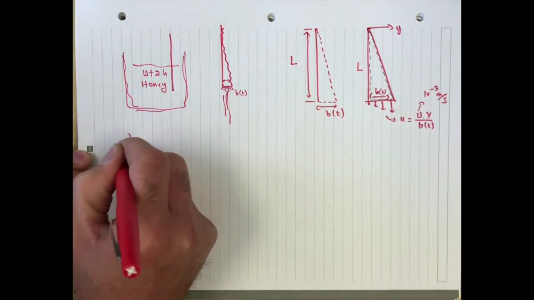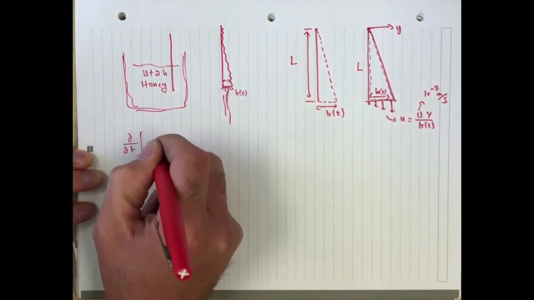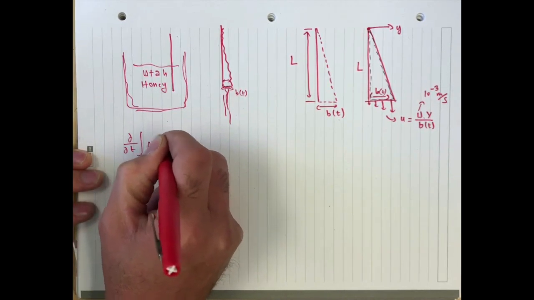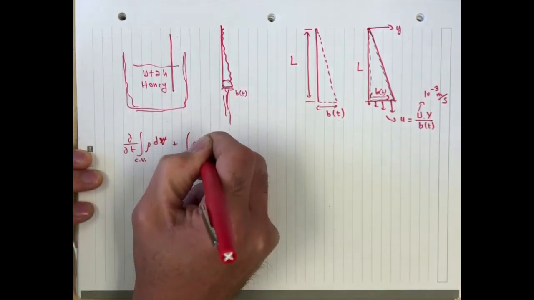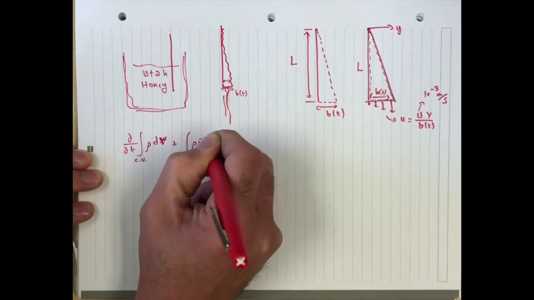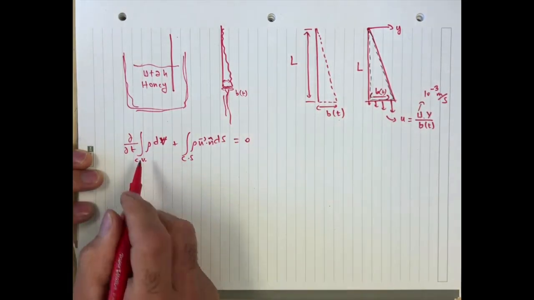So we're going to write the law: integral d by dt of rho dv, rho of honey, over our control volume, plus the integral of rho u dot n ds over the control surface, that's equal to 0.